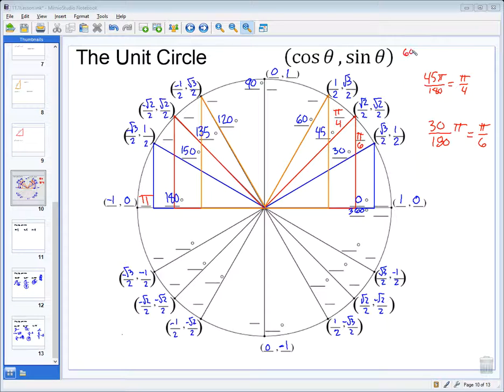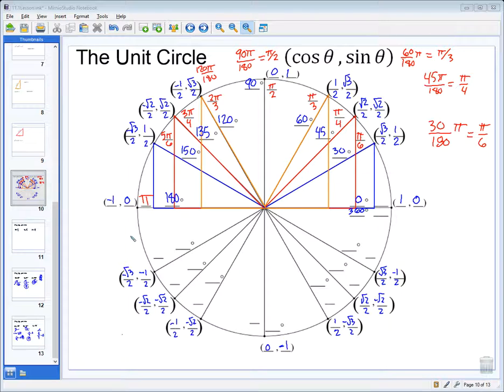So 60 pi over 180 reduces to pi thirds. 90 pi over 180 reduces to pi halves. 120 pi over 180 reduces to 2 pi thirds. 135 reduces to 3 pi fourths. 150 is 5 pi sixths.